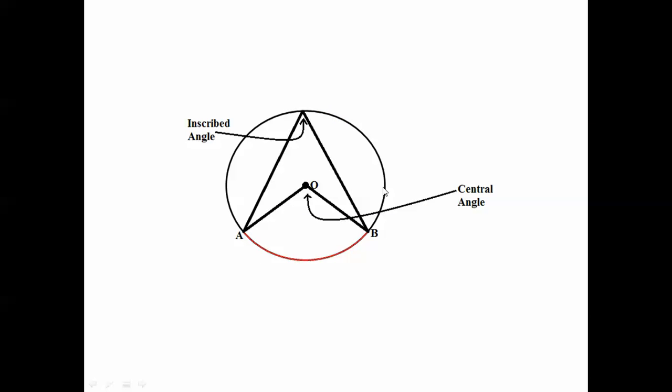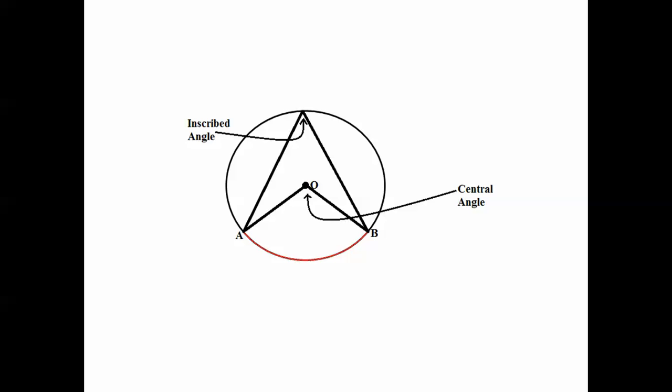Alright, inscribed angles. Anytime we take an angle from 2 points of a circle, and its vertex, that very last point right at the top, touches the outside of the circle, that's called an inscribed angle.